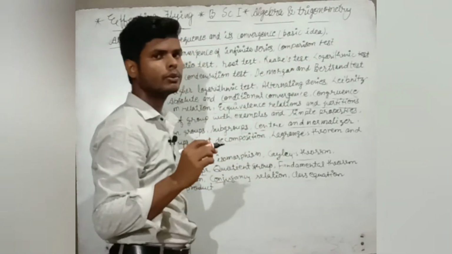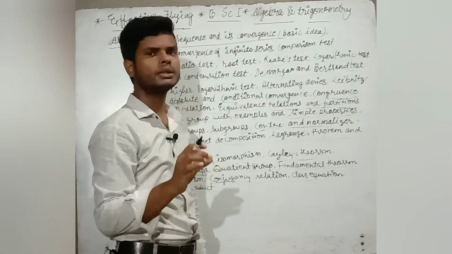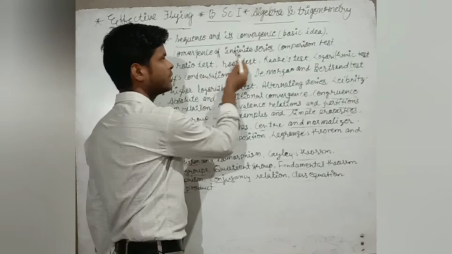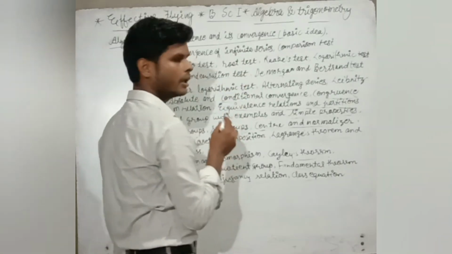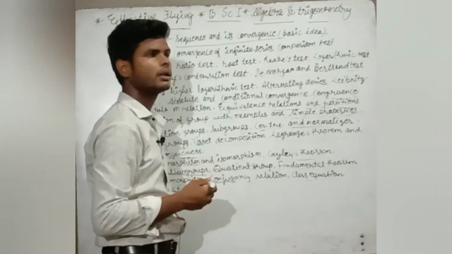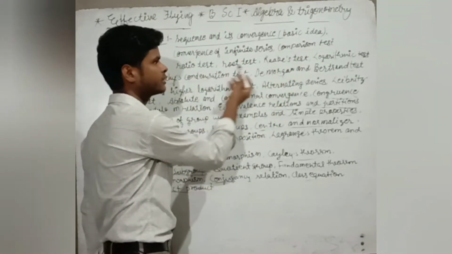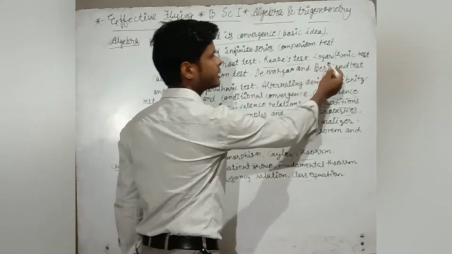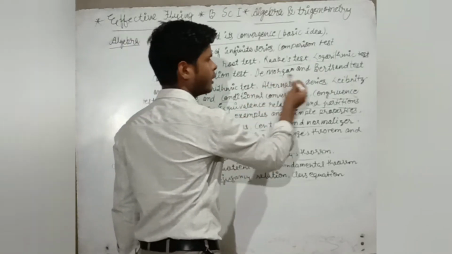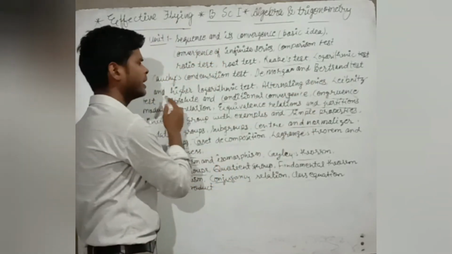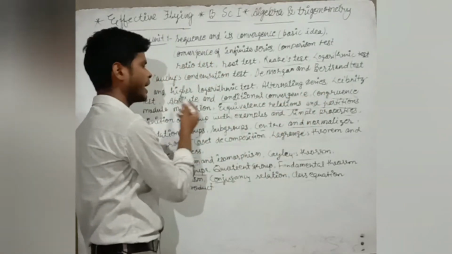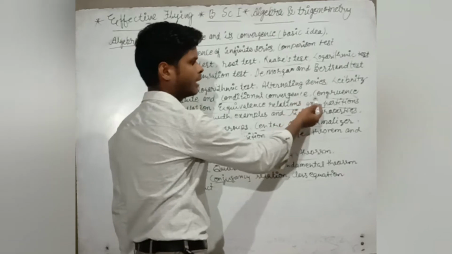It means we will discuss only basic characteristics of sequence, and after that convergence of infinite series, in which we discuss how we can solve the infinite series by comparison test, ratio test, root test, Raabe's test, logarithmic test, Cauchy condensation test, De Morgan and Bertrand's test, and Gauss's test, alternating series, Leibniz test, absolute and conditional convergence.